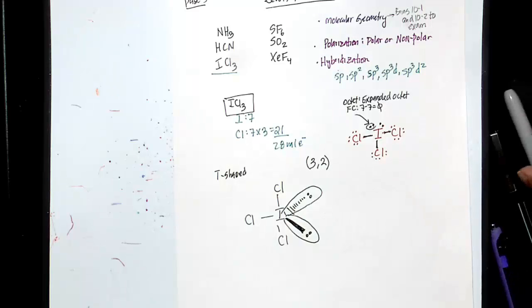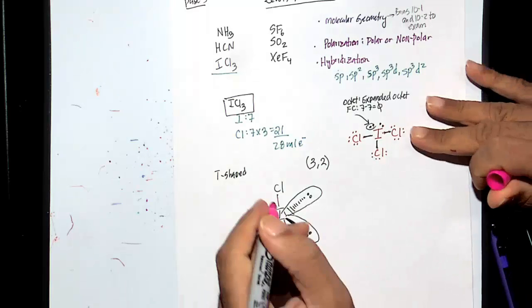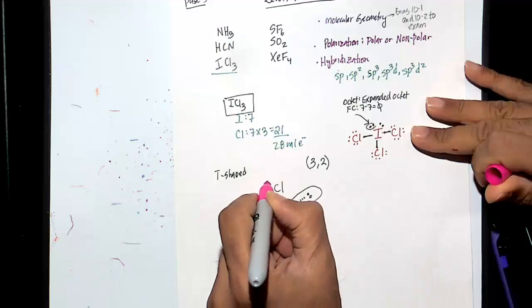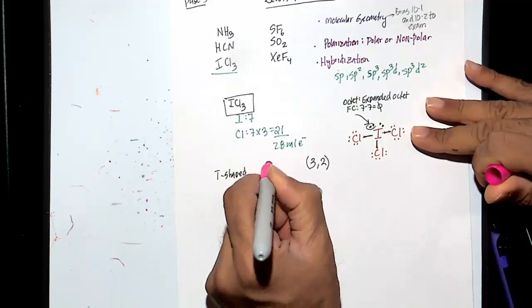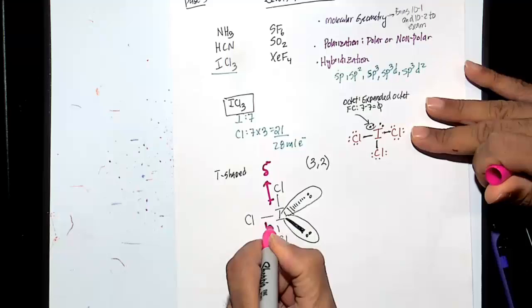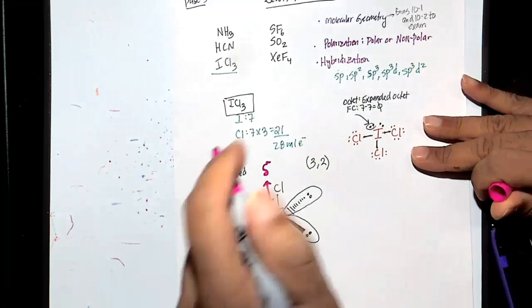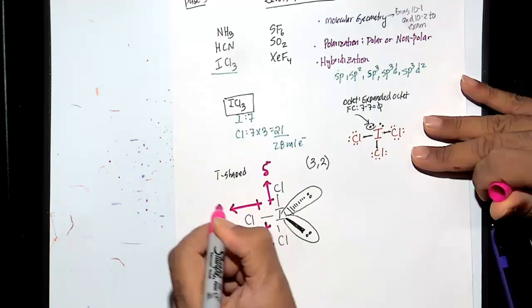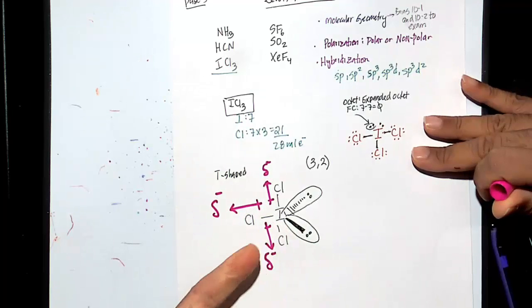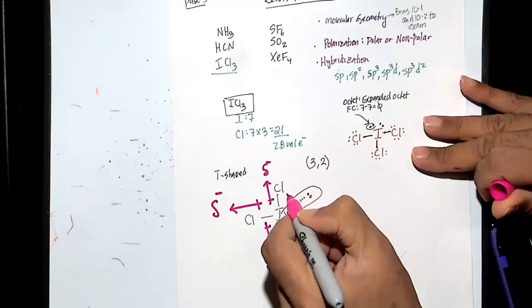Now, why is this tricky? The trickiness comes from the polarity. Okay, so this Cl is pulling like this. This Cl is pulling down like this. Okay. This Cl on the left is pulling this way. Okay, what about this pair of electrons? It's pulling diagonally.